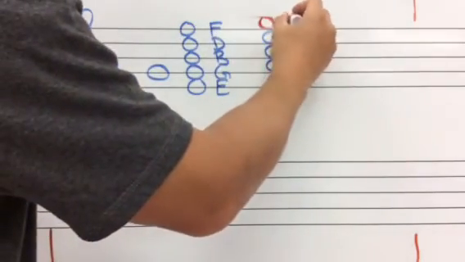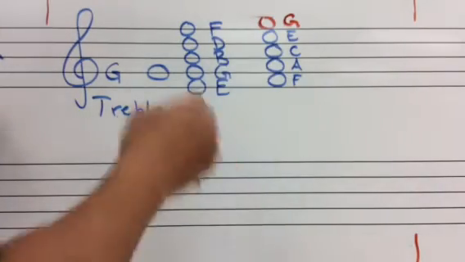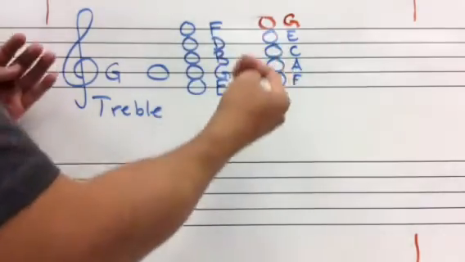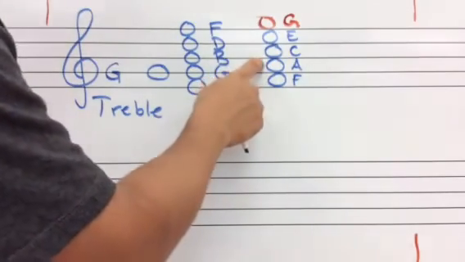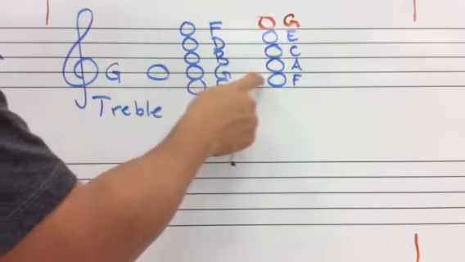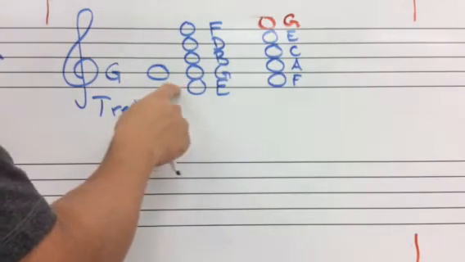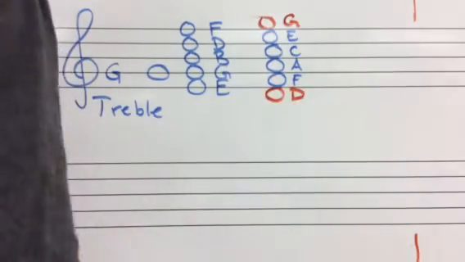That would be considered a G. So when we go downward in pitch, the letter names go backward. So what's right before A? Well, G is the very last thing. F, E, if you were to have a pitch right here, it would be D.